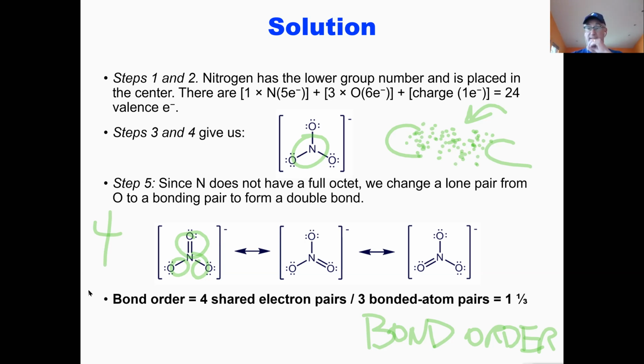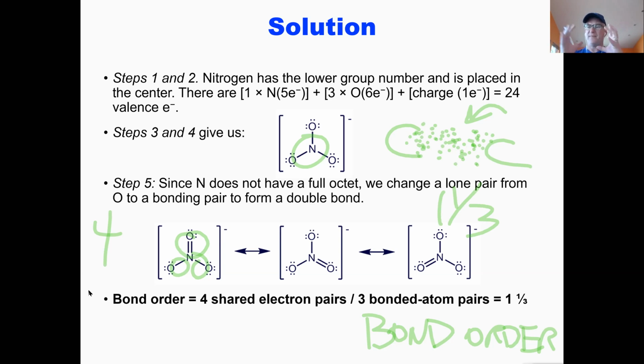But instead of that, if we have 6, we have 3 bonded pairs of electrons around the nitrogen. That's 3 single bonds. That makes sense. What if there's 4 in 3 places where you can have bonds? Well, that means we have a bond order of 1 1/3.